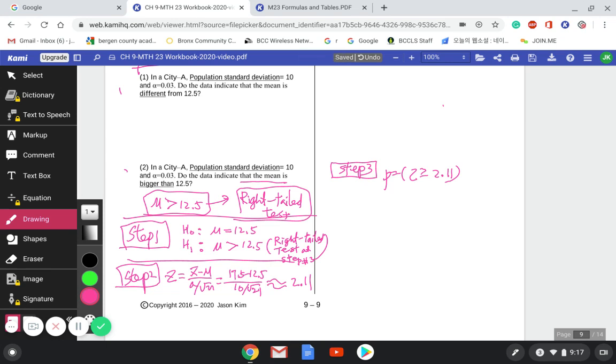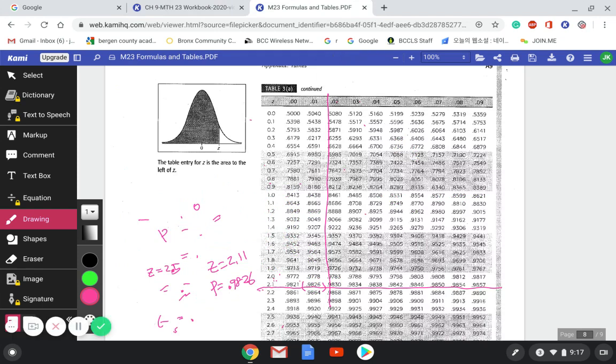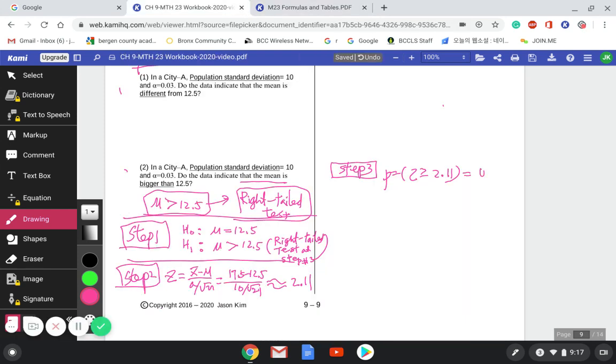So what we're going to do is, first we're going to find the probability at z is 2.11. So when we go back to the table at 2.11, again, you get 0.9826.